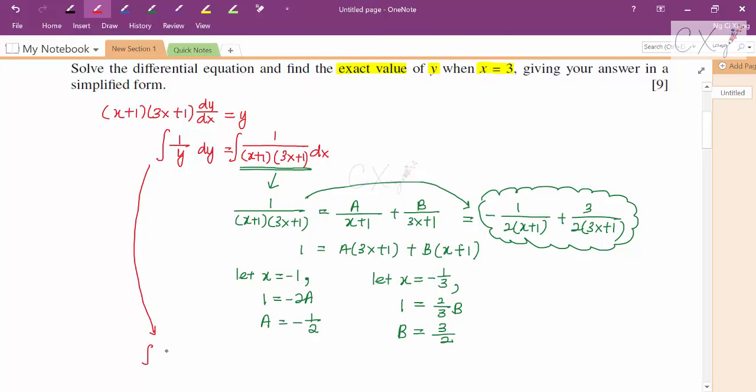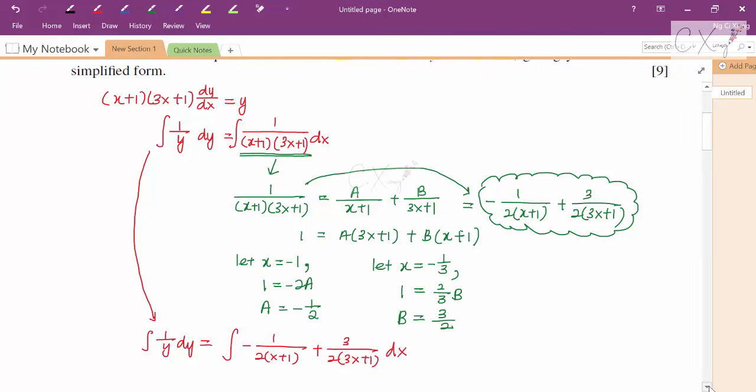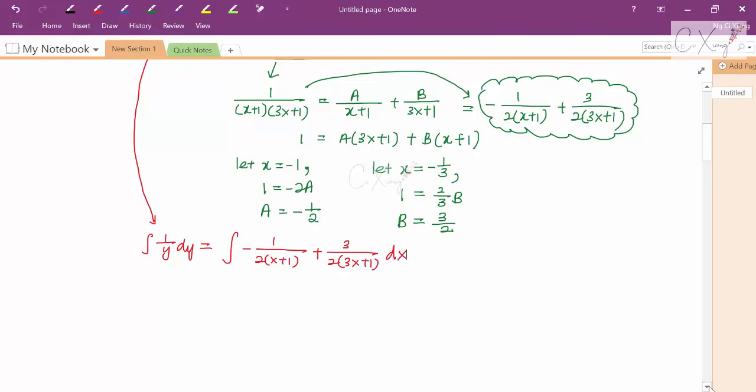Okay, I'm having the integration of 1/y dy equals to, okay, I will substitute this partial fraction answer into the fraction here, and I'm having -1/2 over (x + 1), then plus 3/2 over (3x + 1). Okay, so we can start with the integration for now.